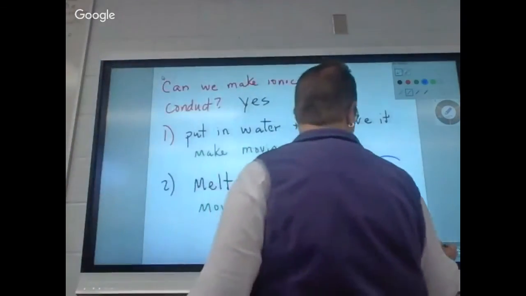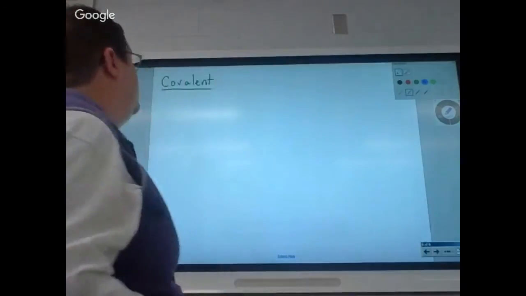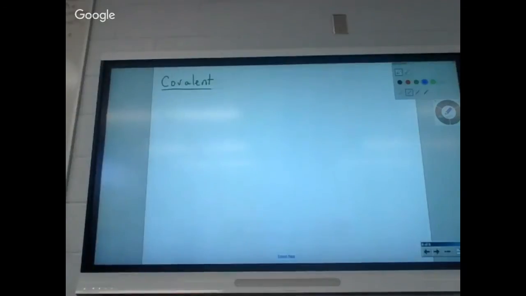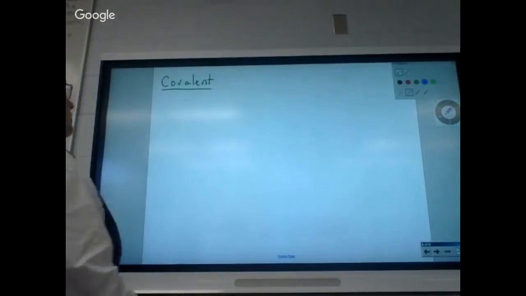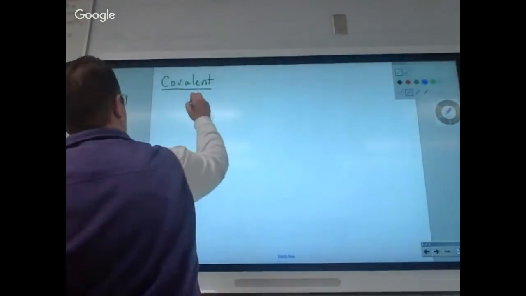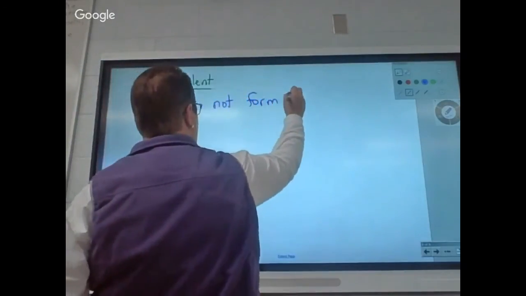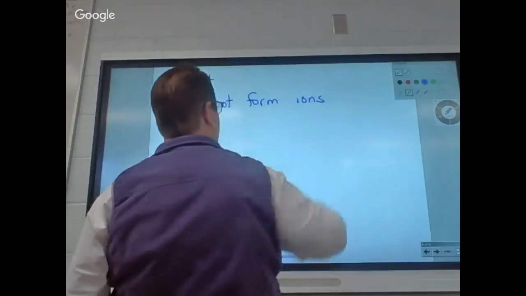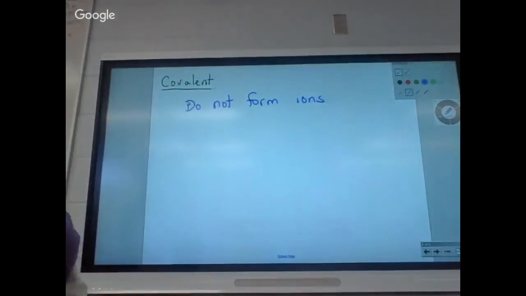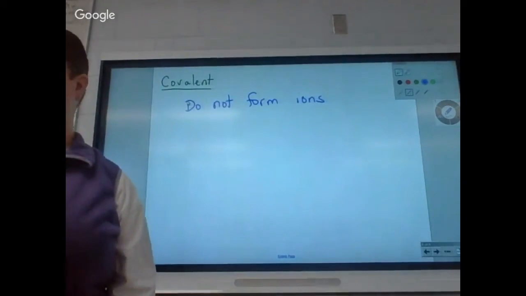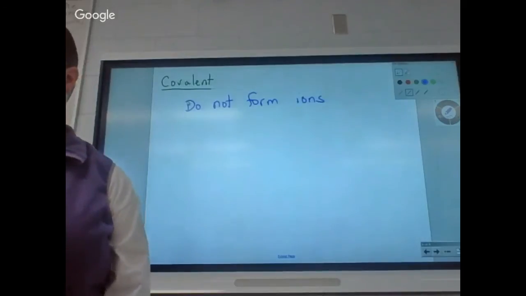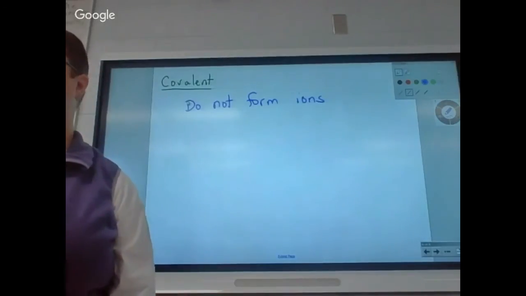Okay? All right. Now, covalent compounds do not form ions. If they do not form ions in any way, shape, form, or fashion, what do you know about their properties?